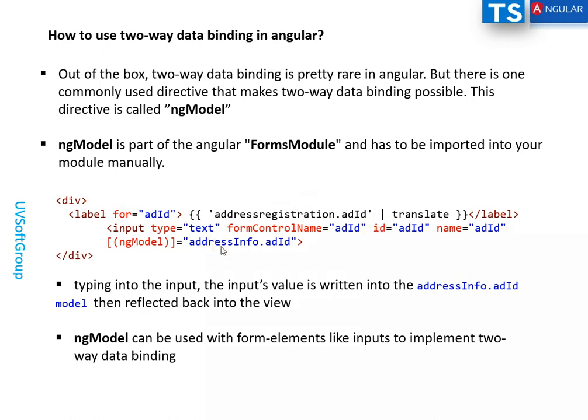This is your model, your controller model, I mean the component model. So you see the pipes here, ngModel, that's our main directive, and it's passed to the respective attribute like address ID. Type in the input, and the input's value is written into this value, and then reflected back to the view. That means it's a synchronized communication in two directions: view to model, model to view.